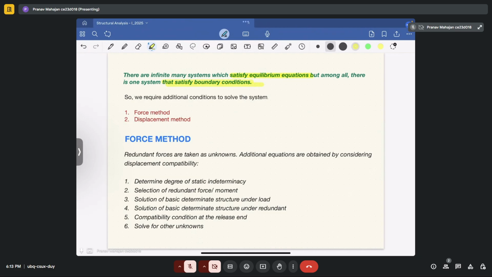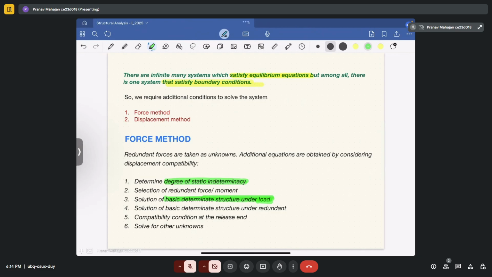After selecting the redundant force and moment, the solution of the basic determinate structure under load is then calculated. So this is the first basic thing that you have to do. You will remove the redundant force, and then you will find the displacement at the point where the redundant force is applied.